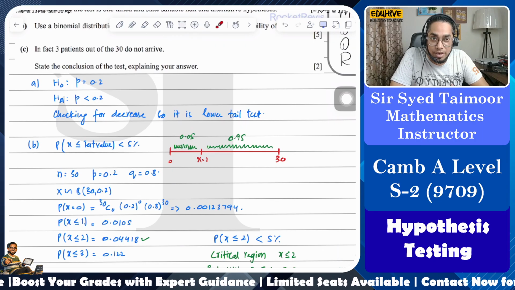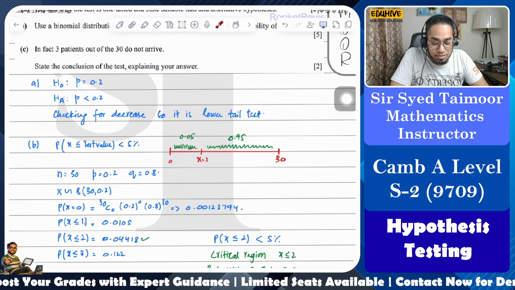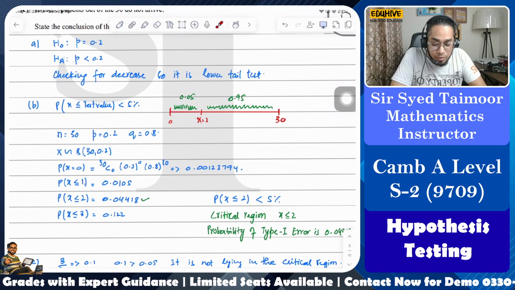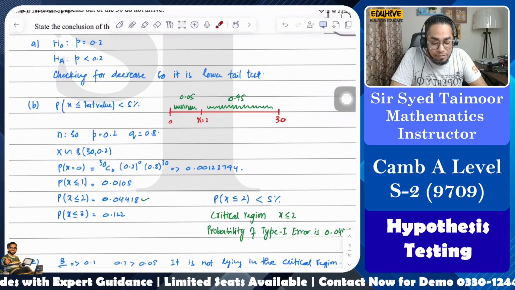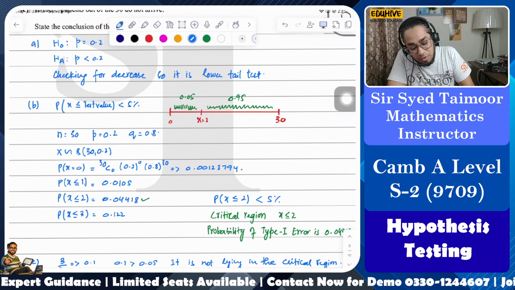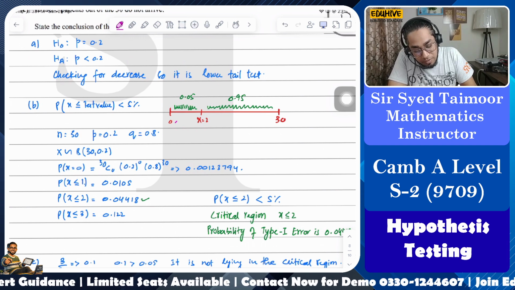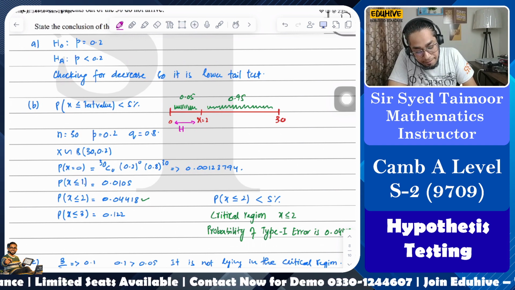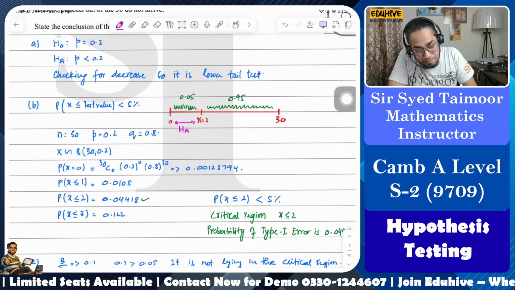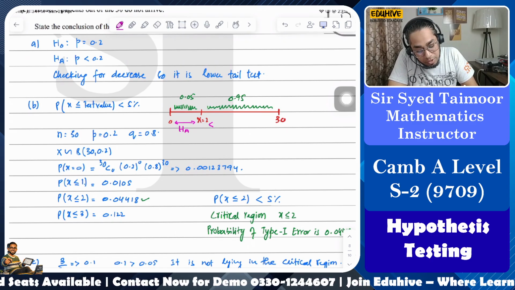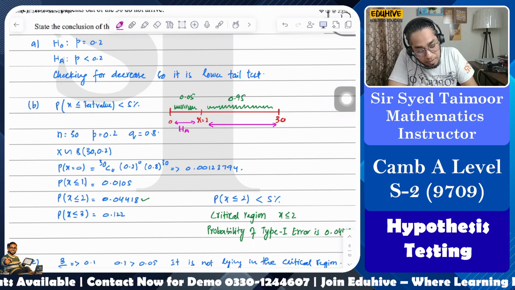X up to 2 is the critical region. Is the patient lying over here? So it means the patient is over here, no? So this area was for the H alternative. The rejection region for H naught.